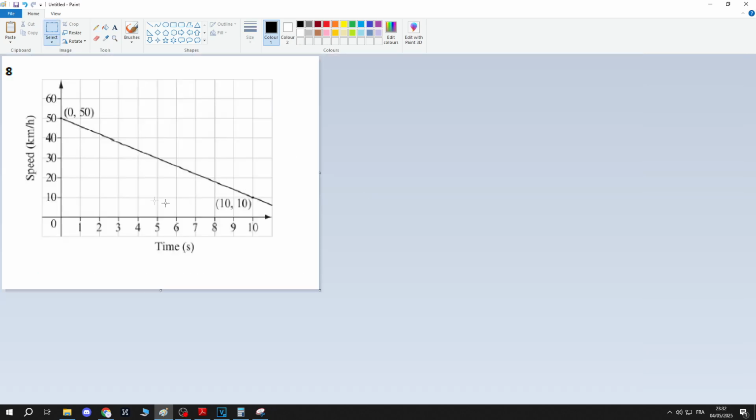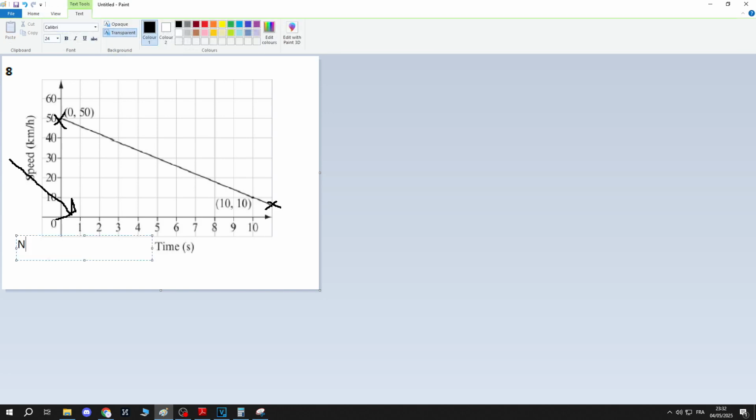Now, one thing that I need to talk to you about is the concept of gradients, okay? Simply enough, if the line that you see from left to right is decreasing, if the line is sloping downwards, we call it a negative gradient, all right?